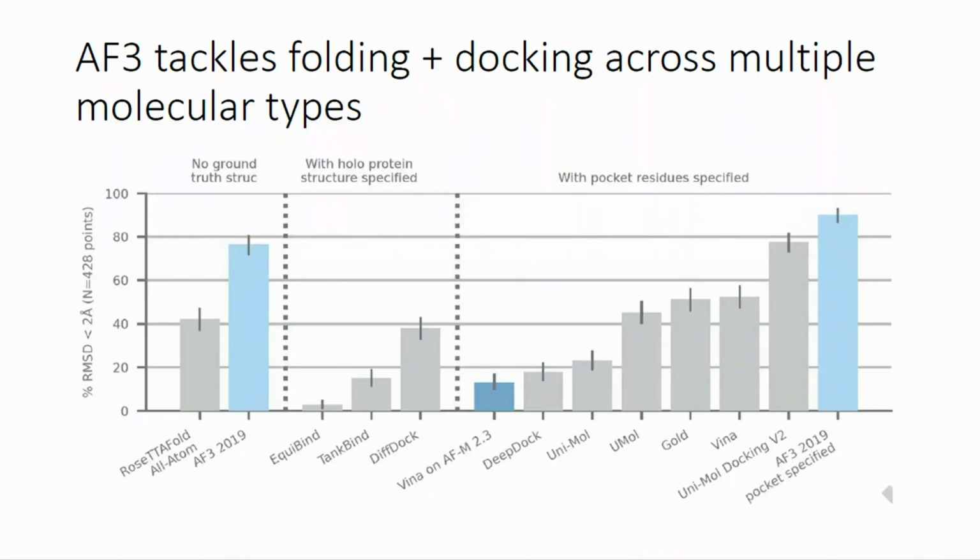And if you look at the protein-ligand docking task, it's again very impressive, without the ground truth structure at all. When you solve both of them together, it is able to outperform DiffDock, which is already given the structure information, and is comparable to these molecular dynamics docking models, where you give it a lot of information about the pocket.